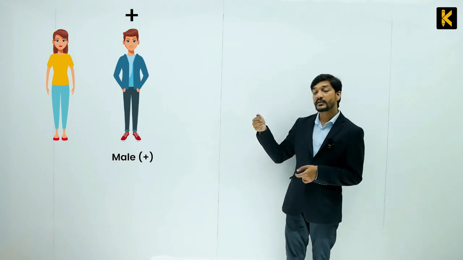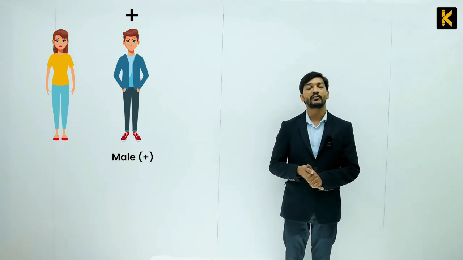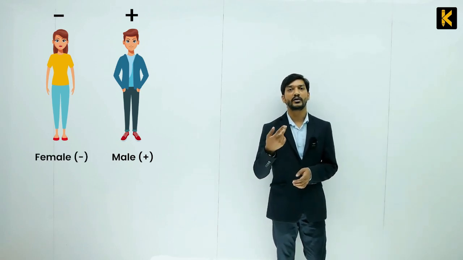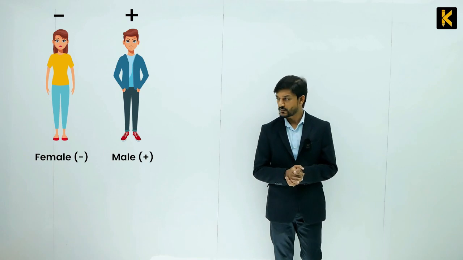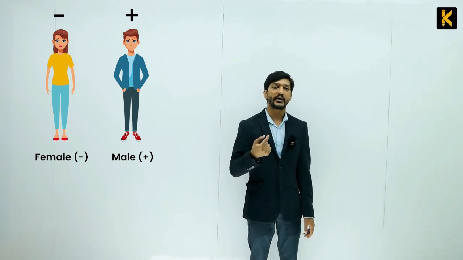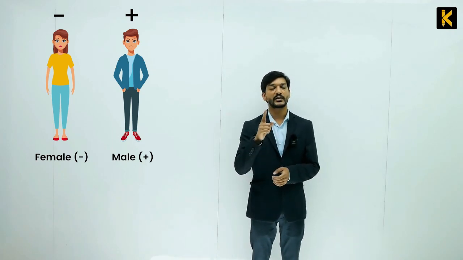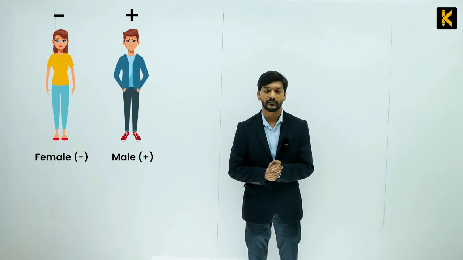And if it is a female, the female will be represented by the opposite, a negative sign. So for male we use the plus sign, and for female we use the negative sign. These are the first symbols we will use.